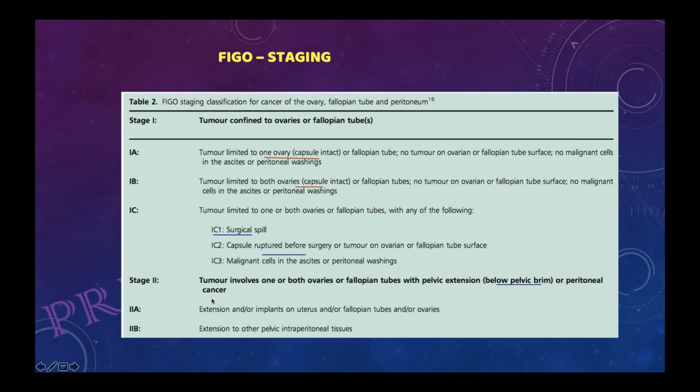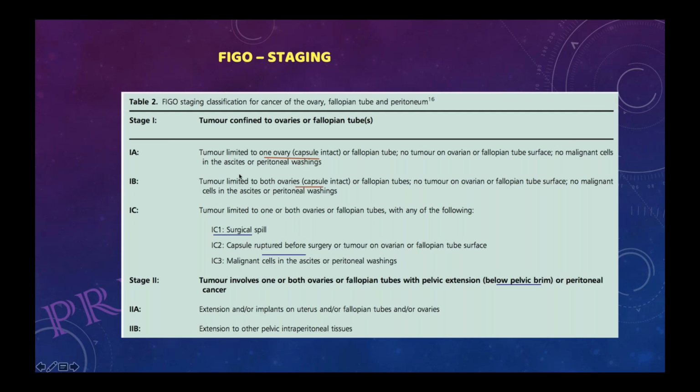For all others who answered 2B, that is extension to other pelvic intraperitoneal tissues. But UTO, that is uterus, tubes and ovary, implants are 2A. Remember this.